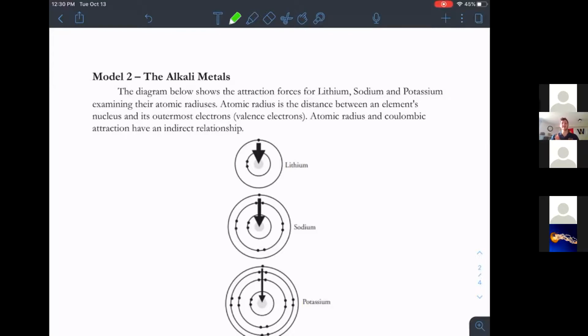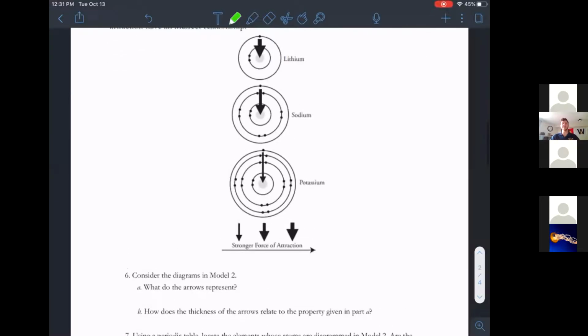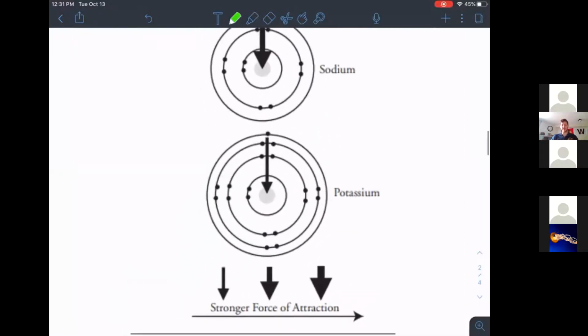The atomic radius is the distance between the element's nucleus and the outermost electrons, or those valence electrons. So the atomic radius and Coulombic attraction are going to be indirectly related. If we look at that picture before I let you guys move on your own, the bigger or wider the arrow, the stronger that attractive force is.